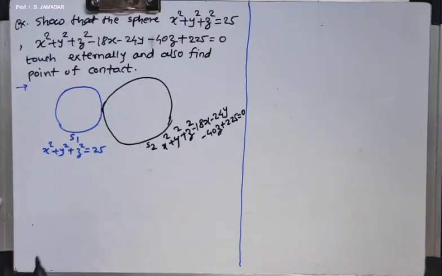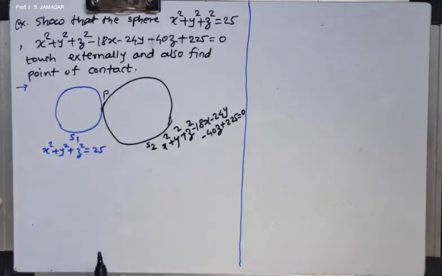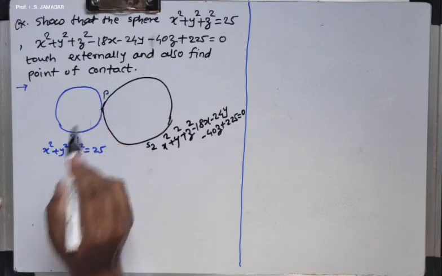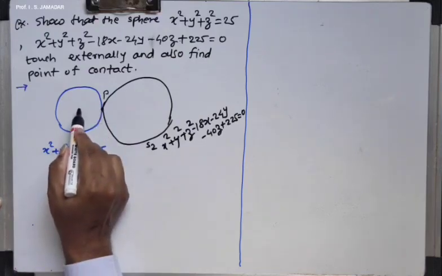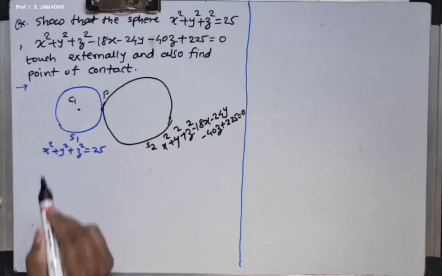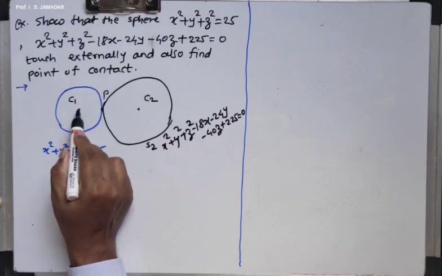Now we want to show that these two spheres are touching externally, meaning there is only one point of contact, only one point common between these. So diagrammatically call this point P. The center of the first sphere is C1, the center of the second sphere is C2.